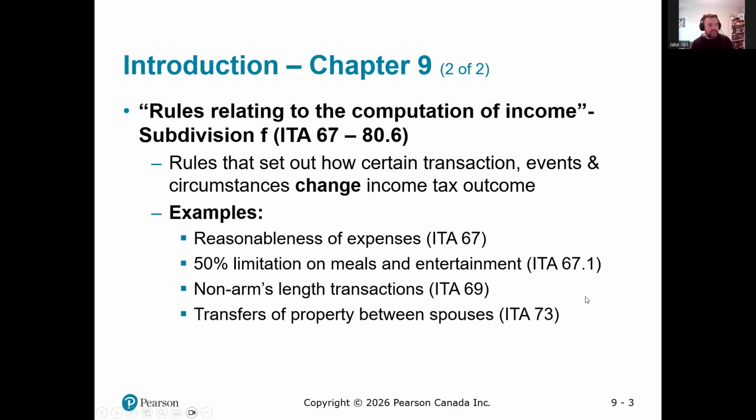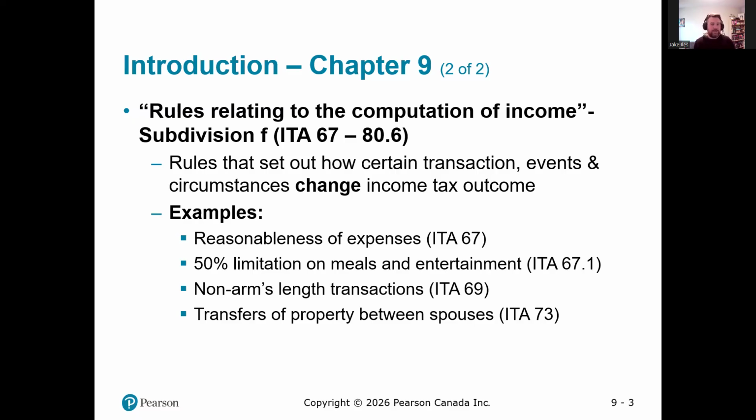Non-arm's length transactions are trying to look at transactions between me and people who I have a close relationship with. Easily identifiable in this are family members. So I may be partaking in transactions that from the outside look like they're intended to be saving me money through taxes.